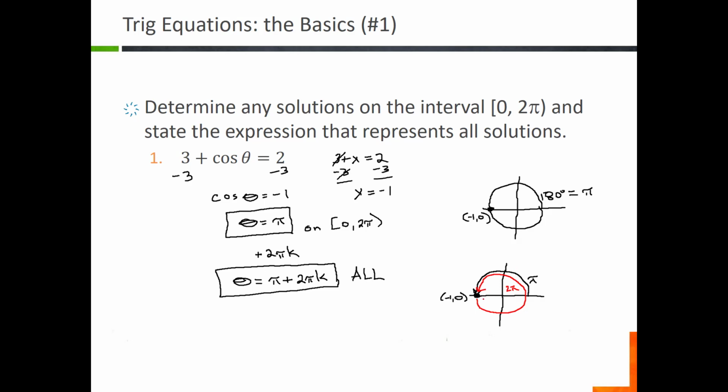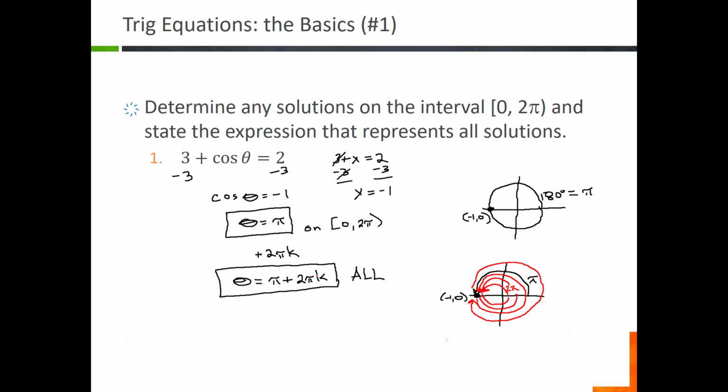And if I rotated again a distance of 2 pi, I'd end up at the same point. What if I rotated in the other direction a distance of 2 pi? Well, I'd end up with the same point, but now it's a -2 pi. And so anytime I rotate an additional 2 pi, whether in the clockwise or counterclockwise direction, I will still end up at the same point.